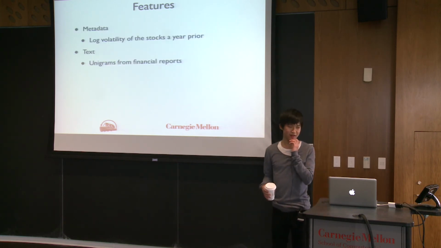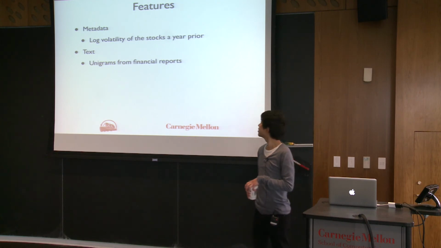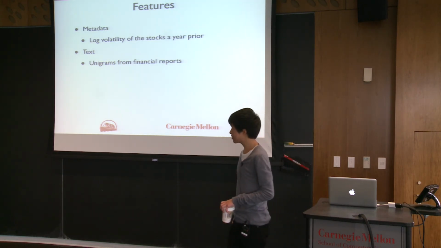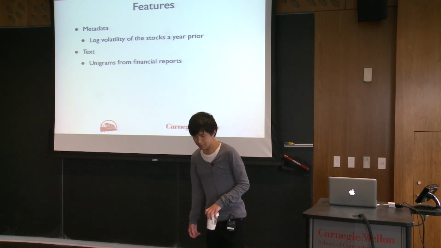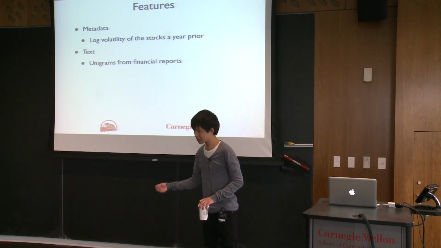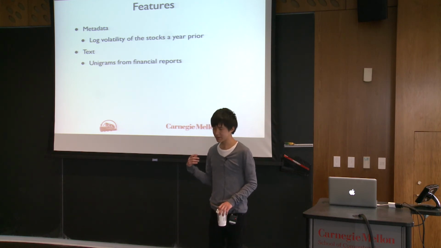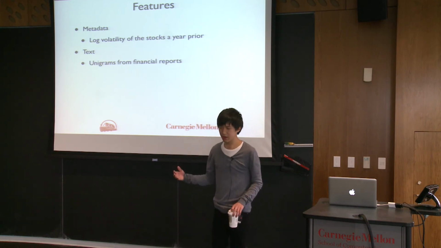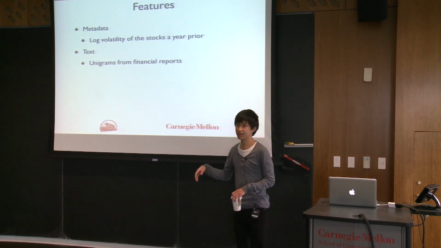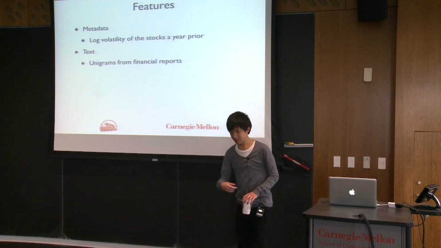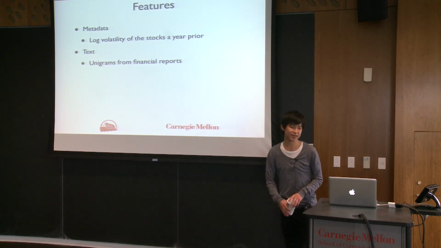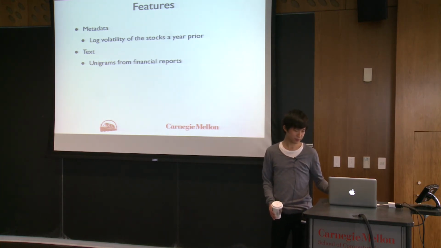Similarly, we're just going to use simple unigram features from the reports and a metadata feature, which is the volatility of the stocks a year prior to the report. Because in economics literature, they've shown that this is a good indicator of the volatility of a company in the next year. So we include this as our metadata feature.